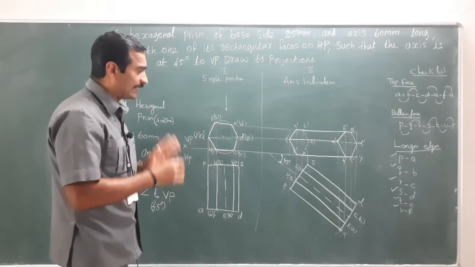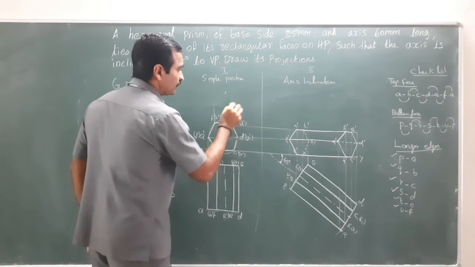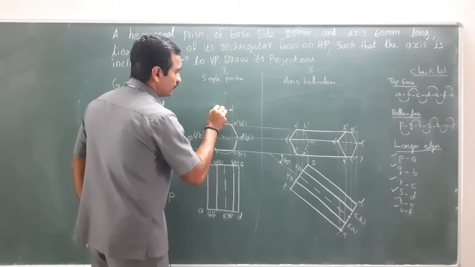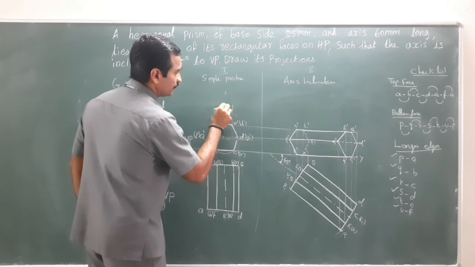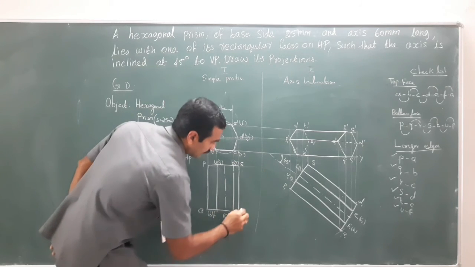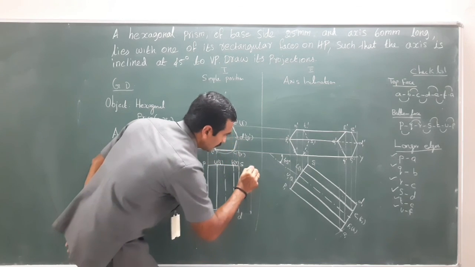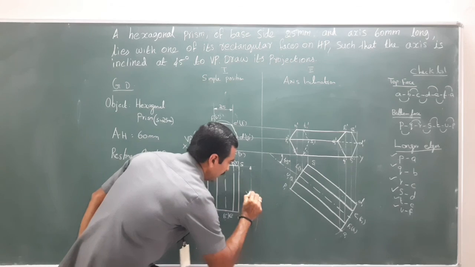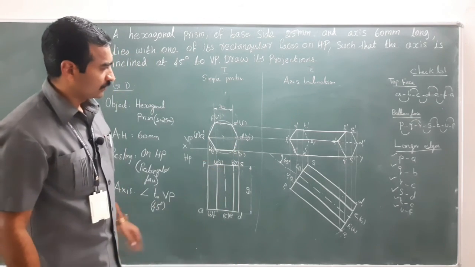Now I need to give the dimensioning for this. For this, I have to specify the side, which is 25 mm. And what about the axis side? Axis side I can mention in this manner. So the axis height is 60 mm. Over the dimensioning line, you will have to mark it 60.